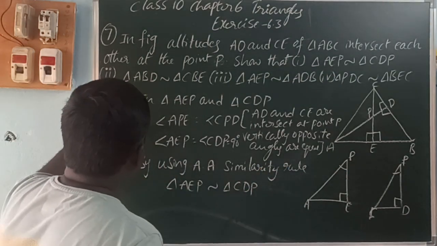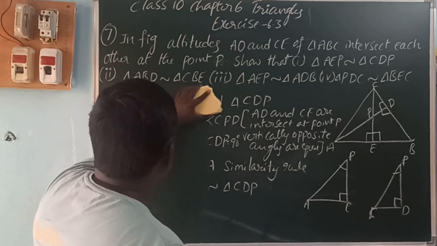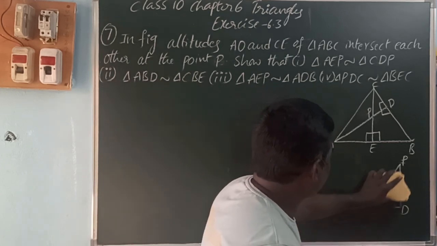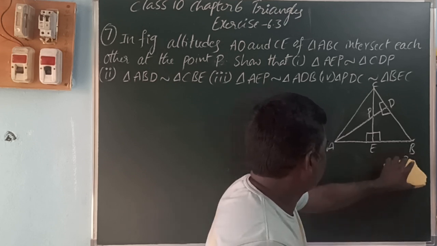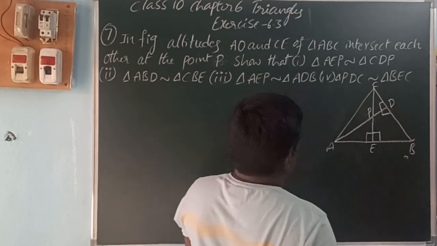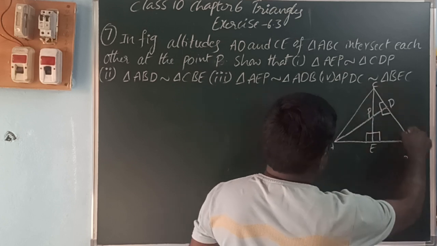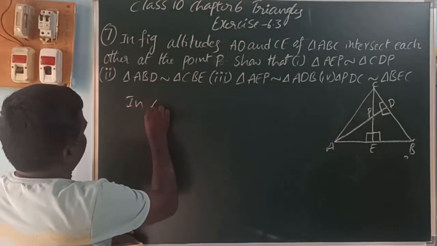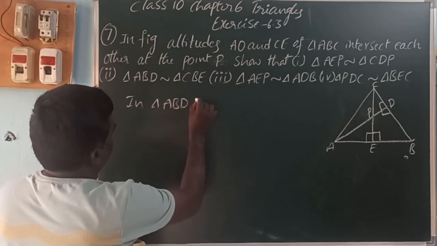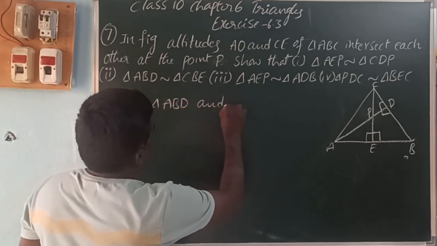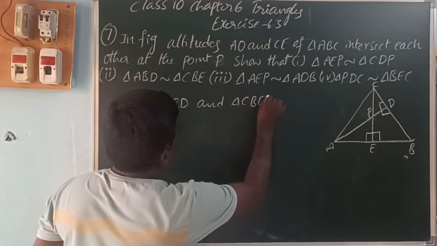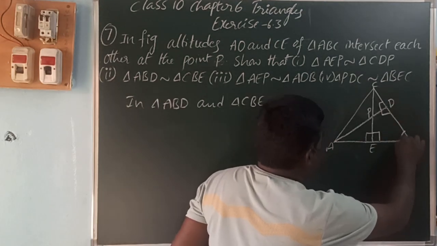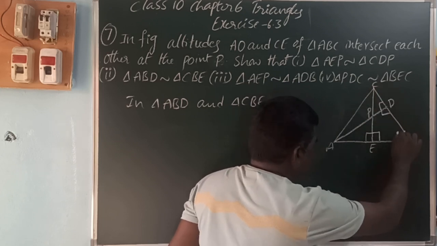So next, second one, triangle ABD is similar with triangle CBE. In triangle ABD and triangle CBE, angle B is common.